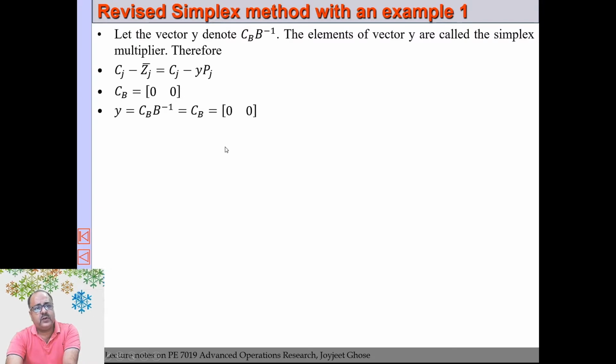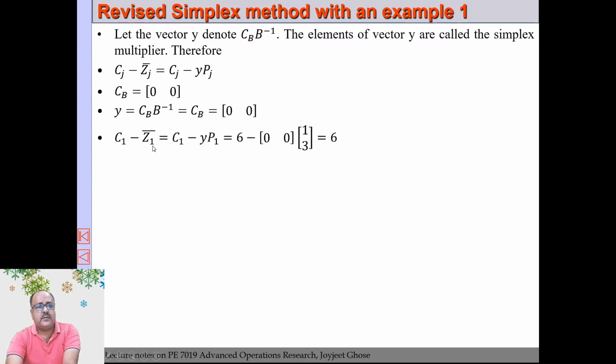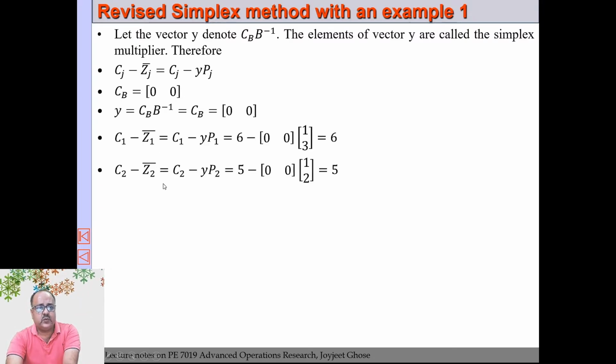Then we will find out C1 minus Z1 and C2 minus Z2. We will not find C3 minus Z3 bar and C4 minus Z4 bar because x3 and x4 are the basic variables. We know beforehand that C3 minus Z3 bar will be equal to 0 and C4 minus Z4 bar equal to 0, because these two are basic variables.